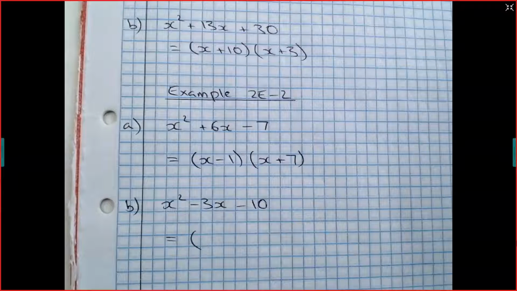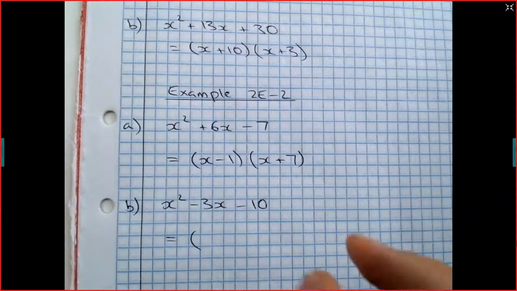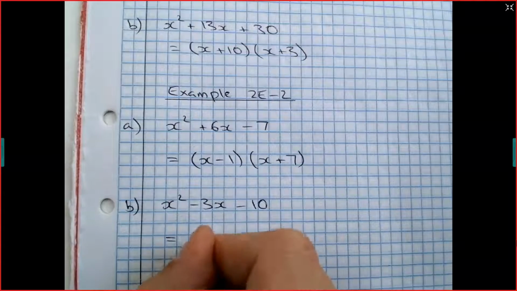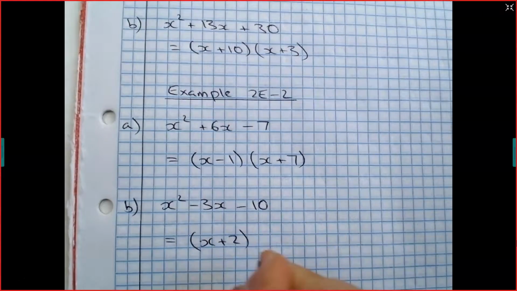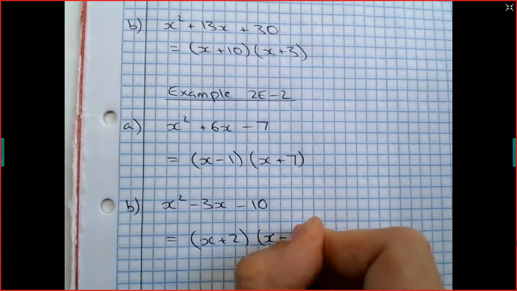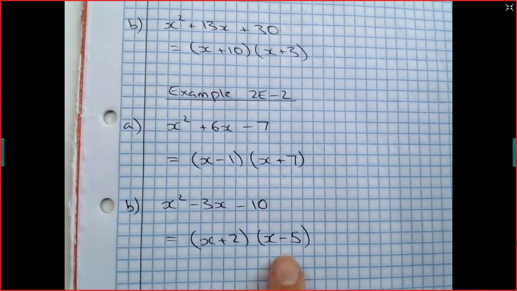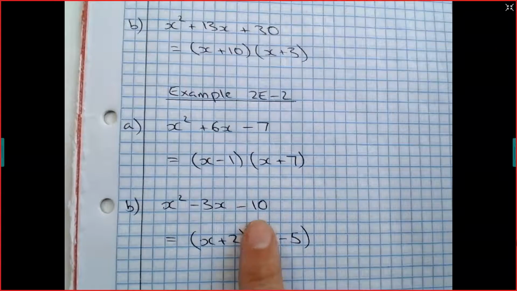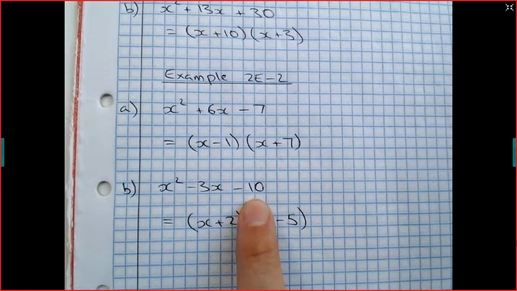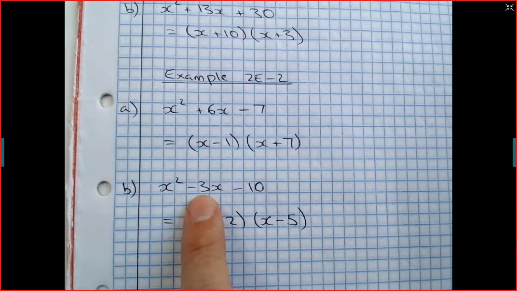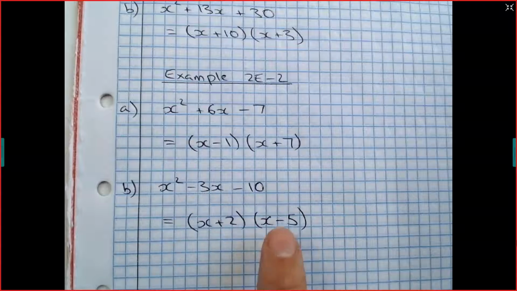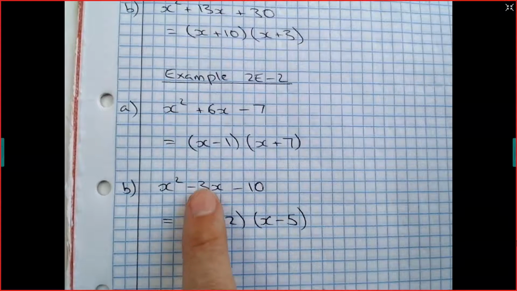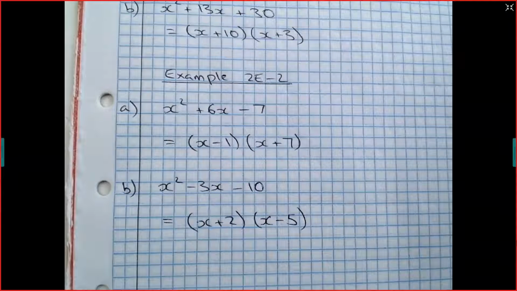Yep. 2 and negative 5. Let's give it a go. So x plus 2 and x minus 5. When I go 2 times minus 5, I get minus 10, so that works. And if I have 2 subtract 5, I'll get negative 3. Or if I had negative 5 plus 2, I'll get negative 3. So that combination works.